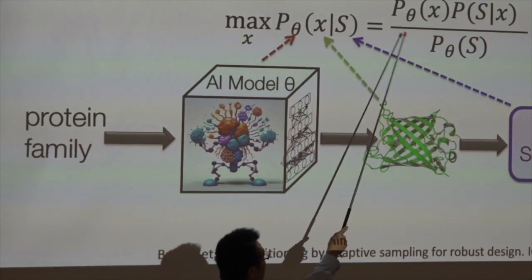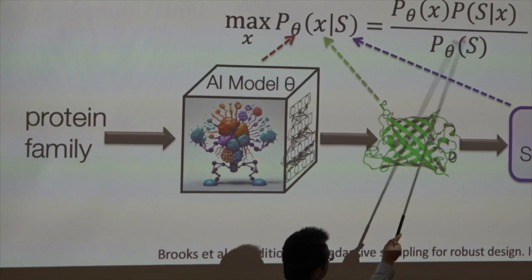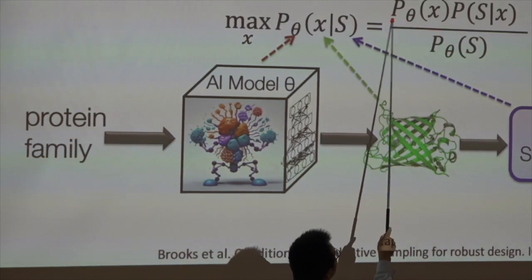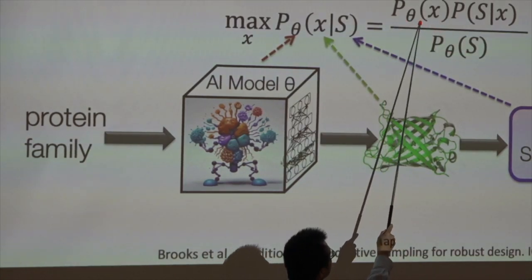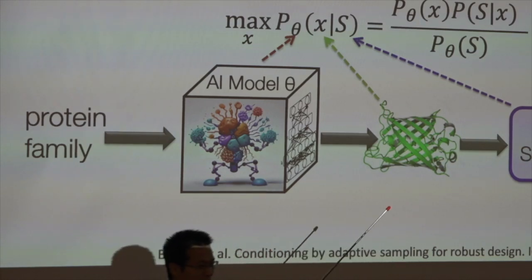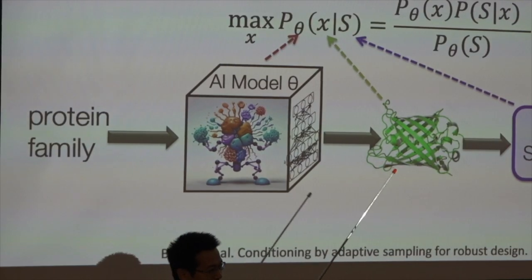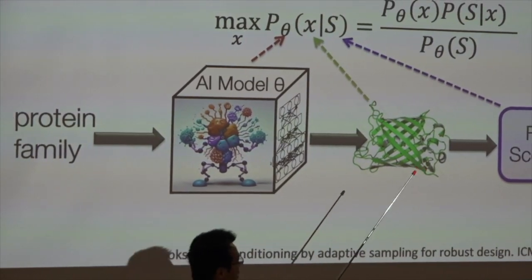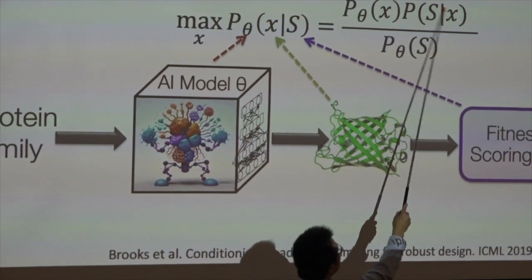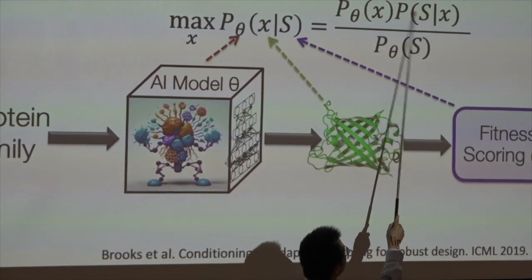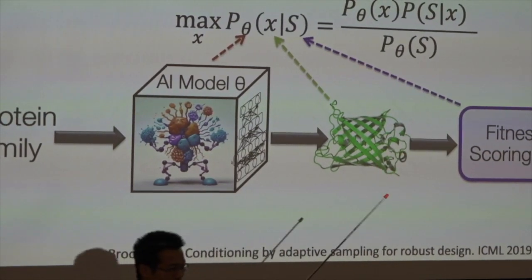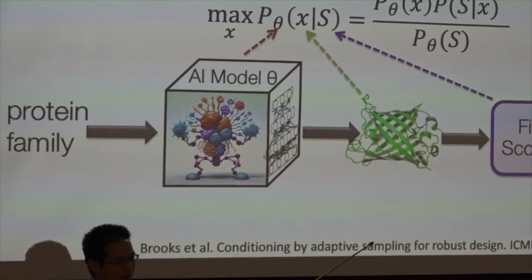And then we can decompose this into this form. The first part corresponds to the raw data generation probability of the protein. It has nothing to do with fitness. And the second part is basically a fitness function: given any protein, can we tell the fitness score?